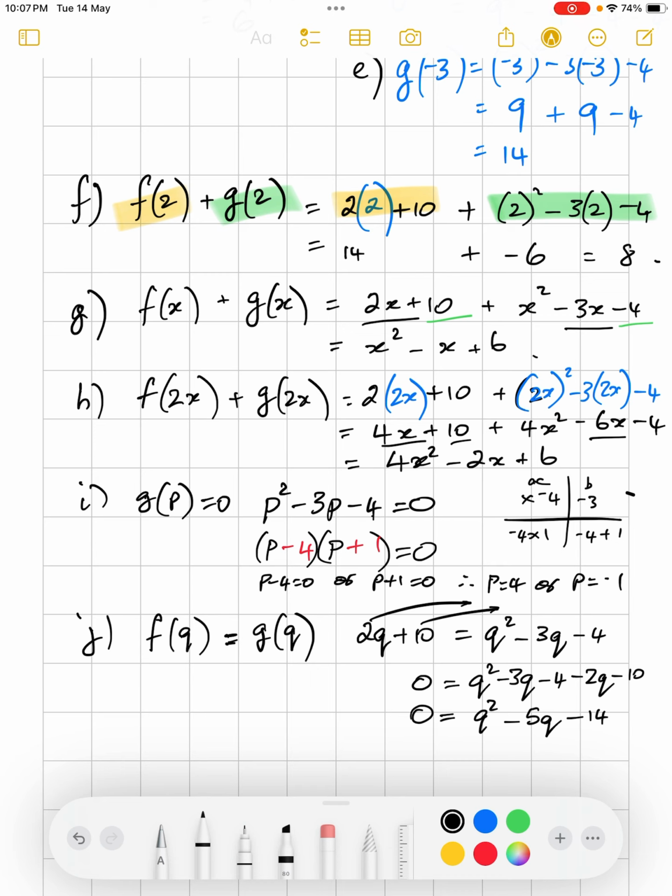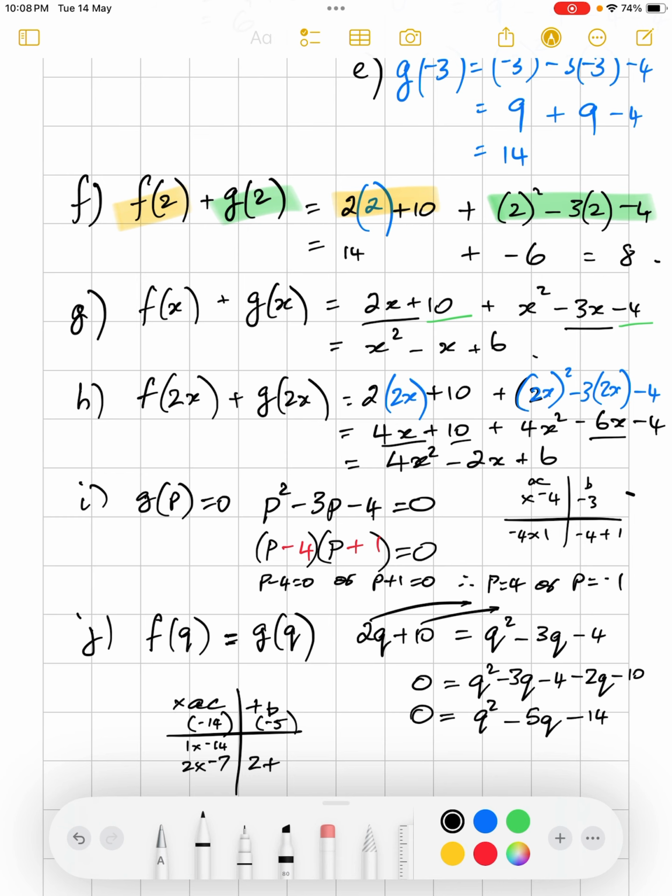All right. Will that factorize? Well, we want to find two numbers that multiply to give AC and add to give B. So AC is 1 times negative 14. And they add up to be negative 5. So 1 times negative 14, 2 times negative 7.